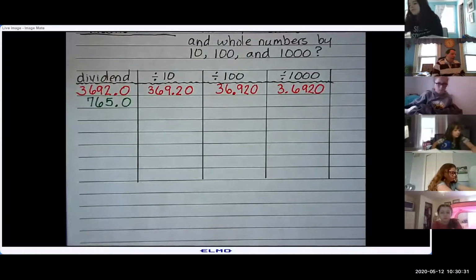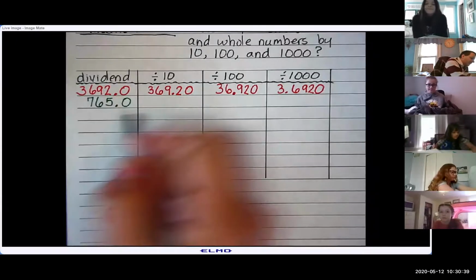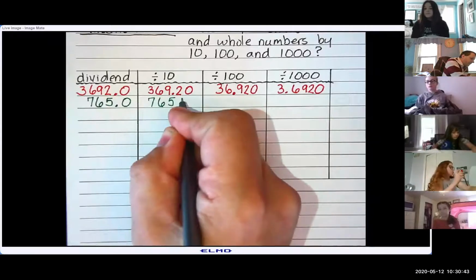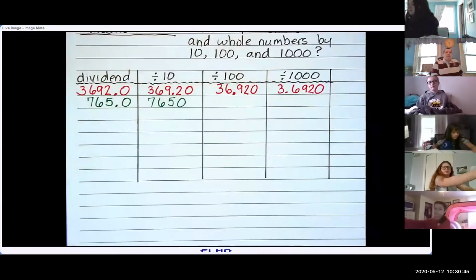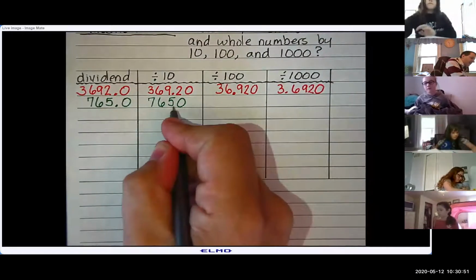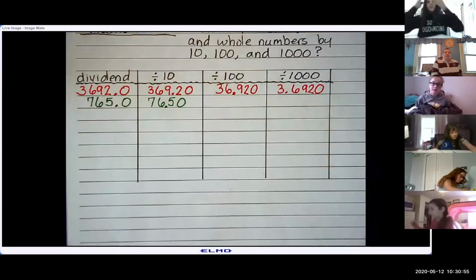If I were doing this mentally, following that same pattern that we just did up top, I'm going to rewrite my digits. And I'm going to move that decimal 1 space over to the left. So instead of being between the 5 and the 0, it gets moved between the 6 and the 5.